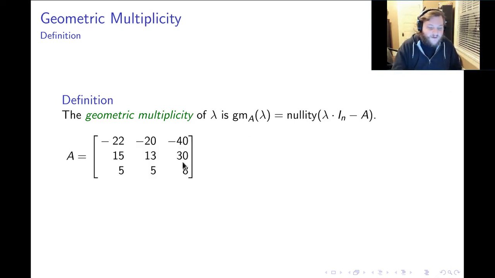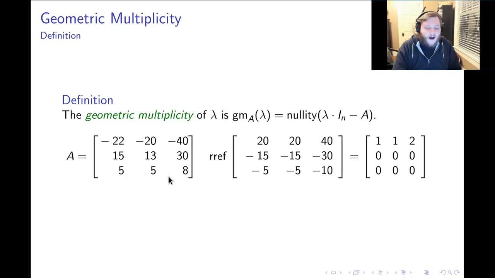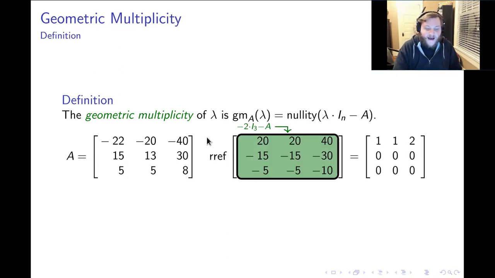So here we have an example of a matrix A. I went ahead and verified that the number lambda equals -2 is an eigenvalue. I looked at the characteristic matrix where I replaced the variable with lambda equals -2, and so that's -2 times the identity minus A. I did my row reductions, and I got a singular matrix.